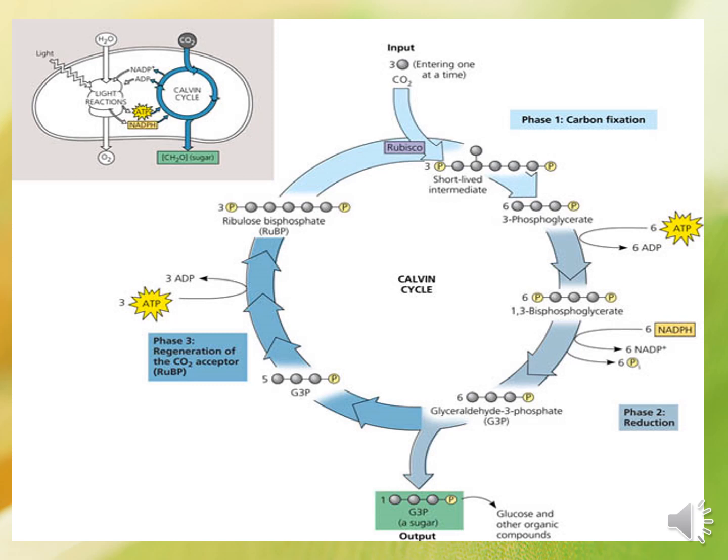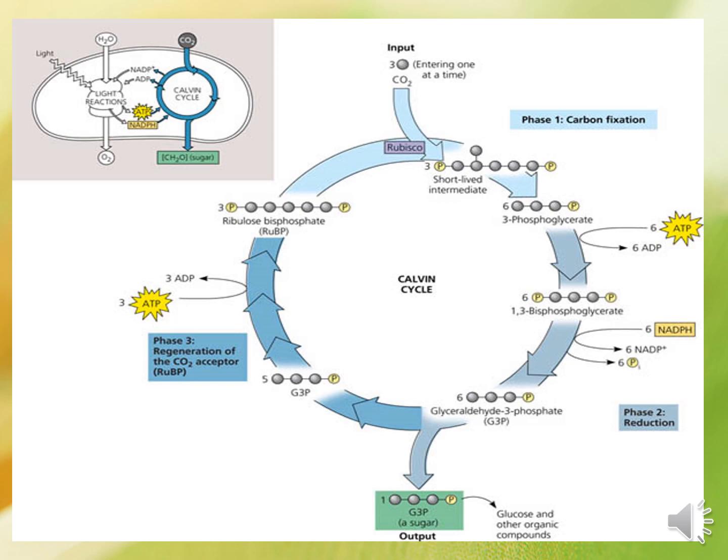If you are still confused, you can count. For example, 3-phosphoglycerate actually has 3 carbons. You multiply this 3 carbon compound by 6 molecules of 3-phosphoglycerate. How many carbons do you get in total? Also 18.